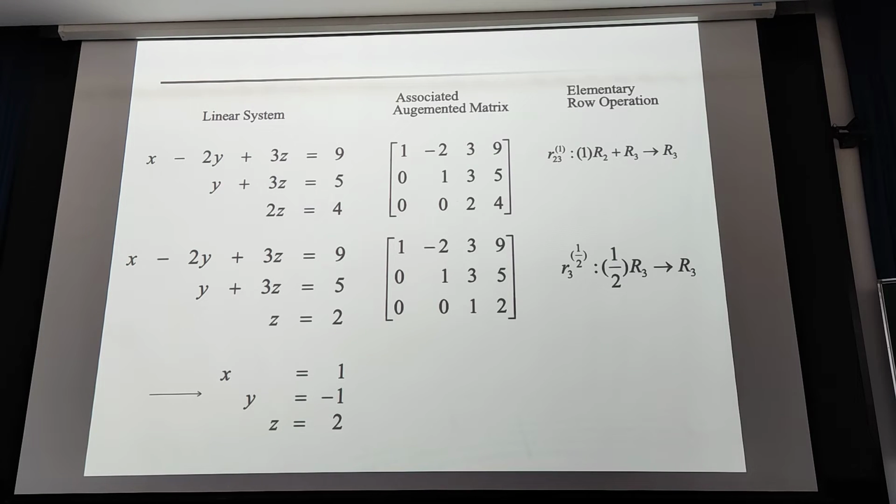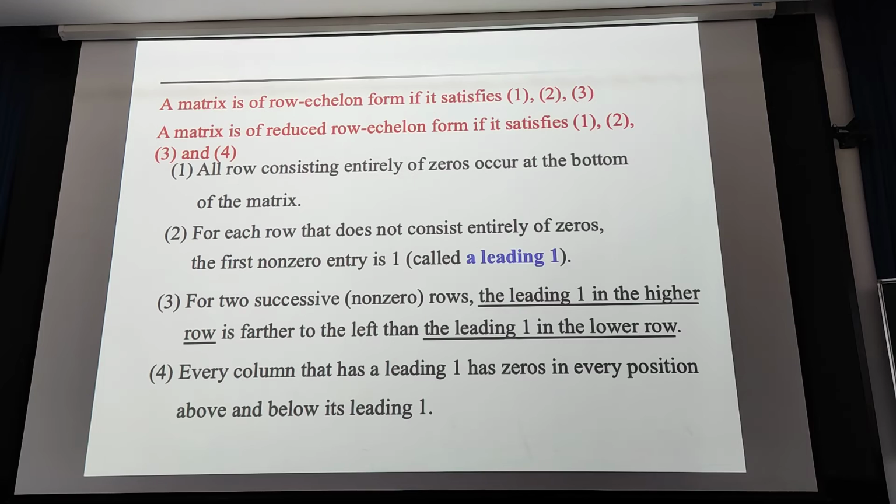But I would like to stop here because the special form of matrix is here, and it leads to the notion of the row echelon form. A matrix is of row echelon form if it satisfies conditions number 1, 2, and 3, like it here.